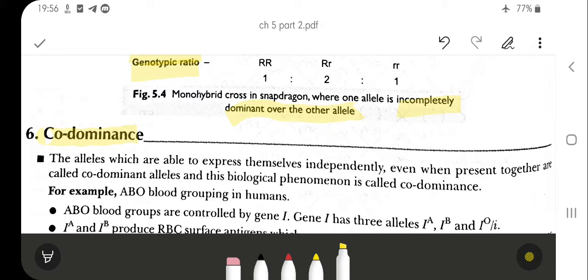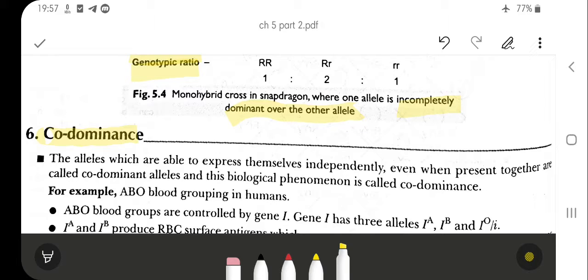In dominance, only one gene is expressing. In incomplete dominance, both the genes are partially expressing, and in codominance, both the genes are completely expressing. This is a very important question: what is the difference between dominance, incomplete dominance and codominance?